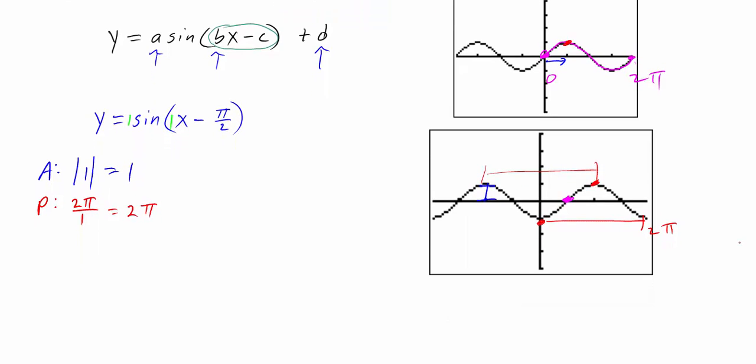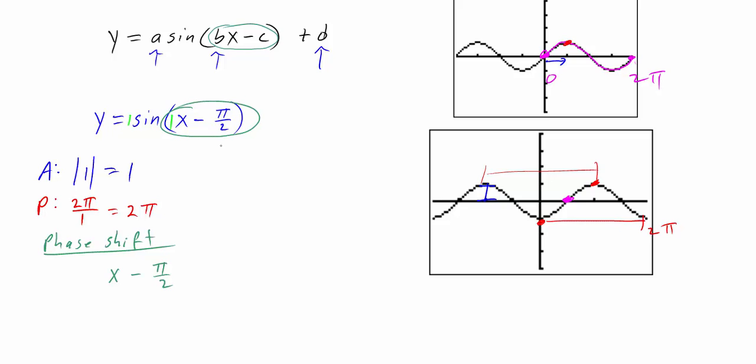So the graph has no vertical change. But now we want to look at this bx minus c. And for the bx minus c, in order to find what I refer to as this phase shift, and a little bit later I'll refer to this as our starting point, we're going to take what's inside the parentheses, this x minus pi over 2.